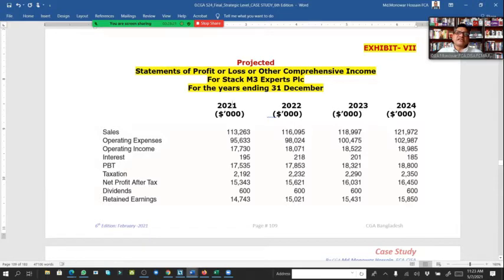We can change it, maybe 22, 23 or 24 and 25, because now 21 is going on. So projected here is a statement of profit and loss and other comprehensive income for the years 22, 23, 24, 25. Here are sale volume, operating expense, the expected operating expense, operating income, interest, profit before tax, taxation, net profit after tax, dividend and retained earnings.